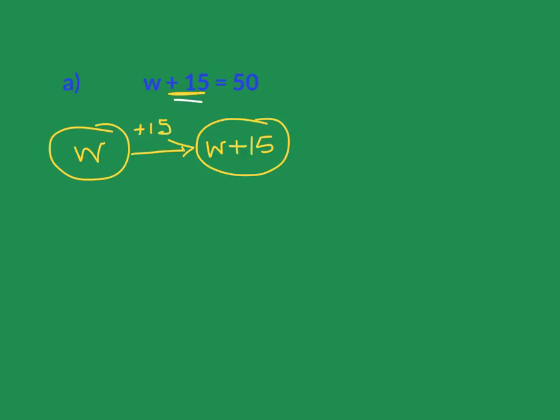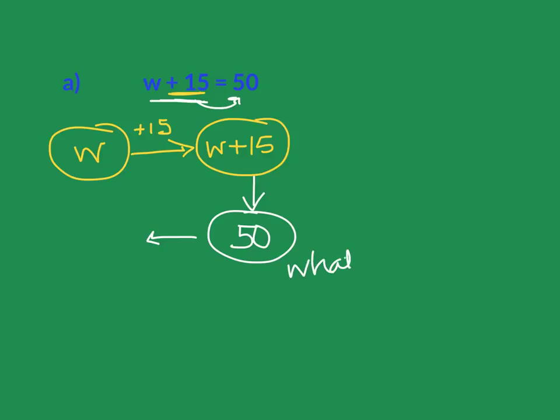Okay, so we know, according to this, that W plus 15, of course, is equal to 50. So I know that here I am, W plus 15 is equal to 50. And of course, I'm going to be backtracking to figure out what W is equal to. So I ask the question I ask every single time, what's the opposite? And the opposite of plus 15 is minus 15.